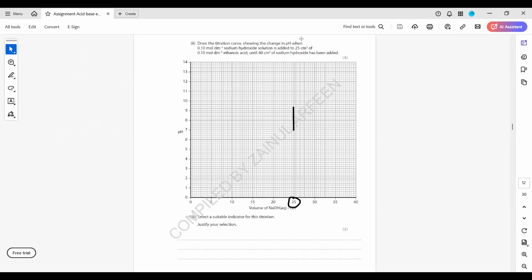And because sodium hydroxide is added to the conical flask, the original solution was ethanoic acid, and then sodium hydroxide. So the final solution is sodium hydroxide, so finally it will be 13. And originally, because it's a weak acid, we can start with 3.